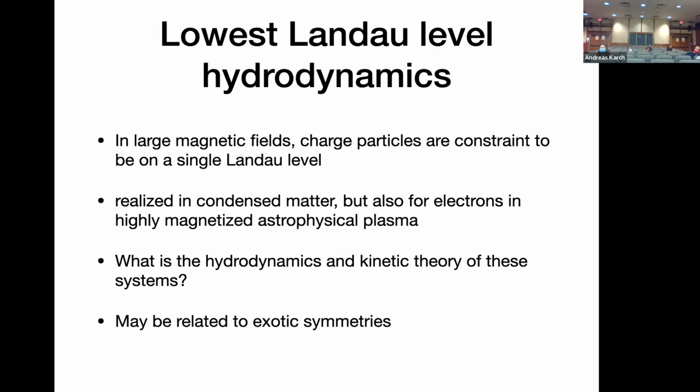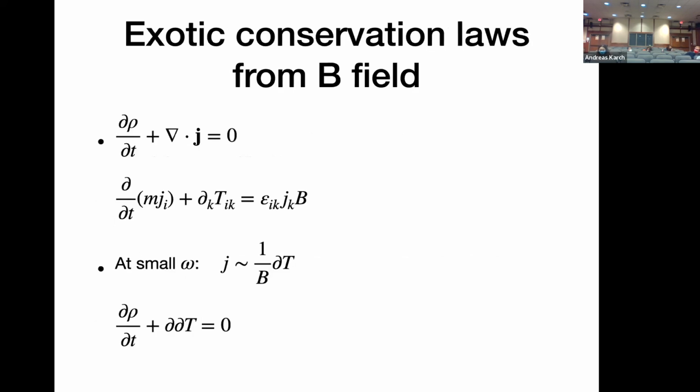And this question may be related to exotic symmetry, as one can illustrate very easily. So if I take a system of non-relativistic particles in a magnetic field, then we see there are two conservation laws that I've written down here. There are actually three. I neglected the conservation of energy, but conservation of current, say dρ/dt plus gradient of J equal to 0.